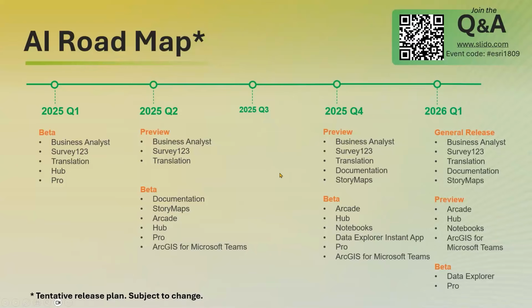And in the near future, you can look for assistants in notebooks, the Data Explorer Instant app, and more, with some of the current beta assistants moving into preview and eventually general release. Of course, this current schedule is subject to change, but it represents an exciting few releases with AI assistants moving into more and more parts of the system.